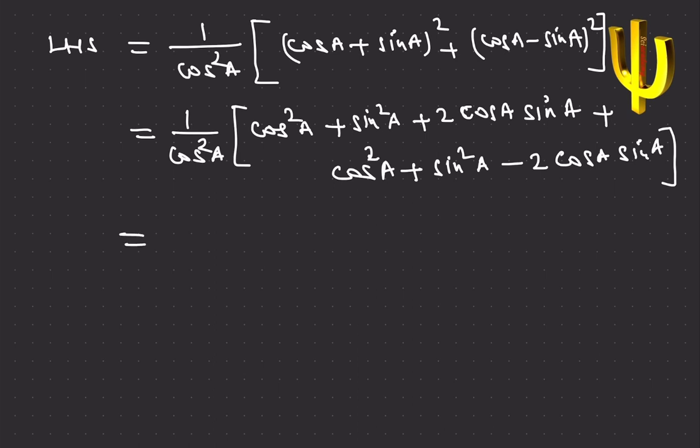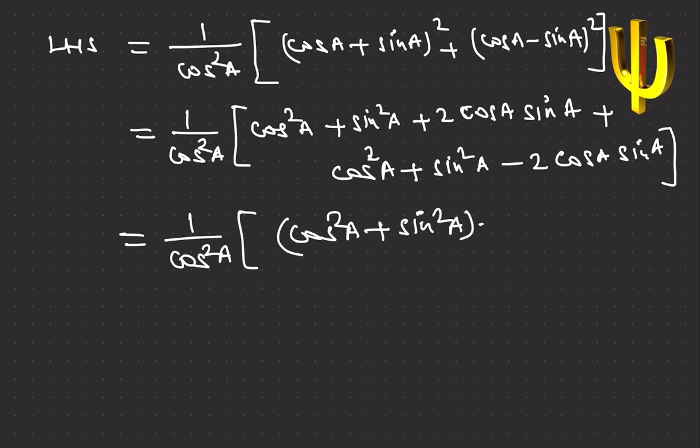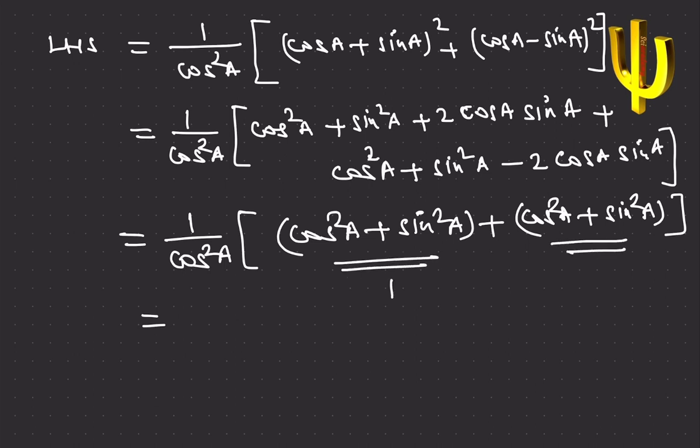So we see that this and this will cancel out, and we have now 1 by cos square A into cos square A plus sin square A plus cos square A plus sin square A. That means this will be equal to 1 and this will also be equal to 1.